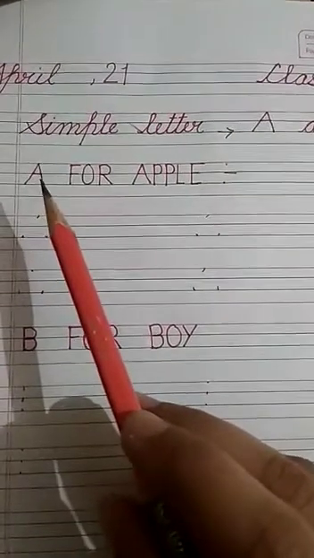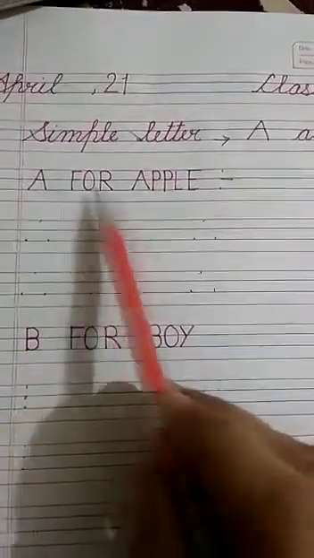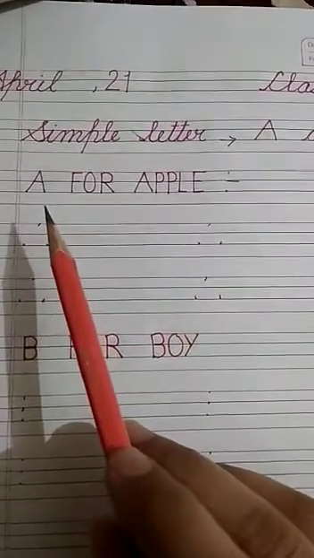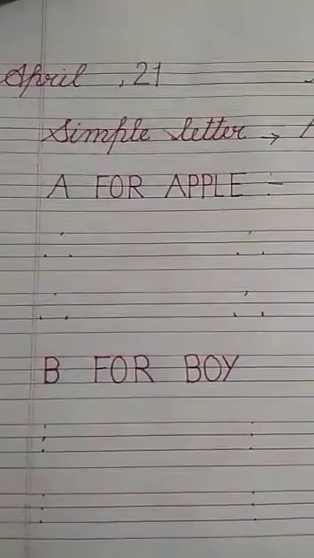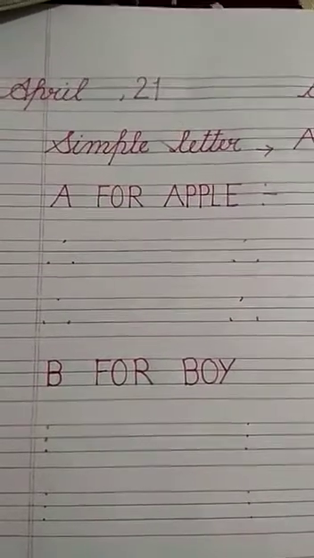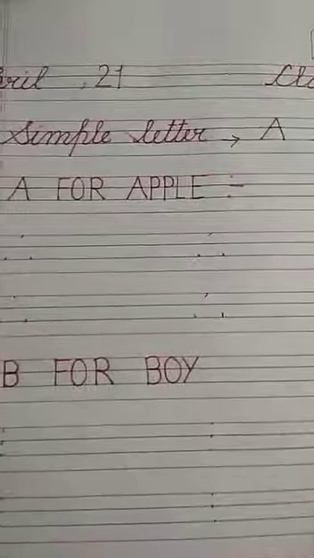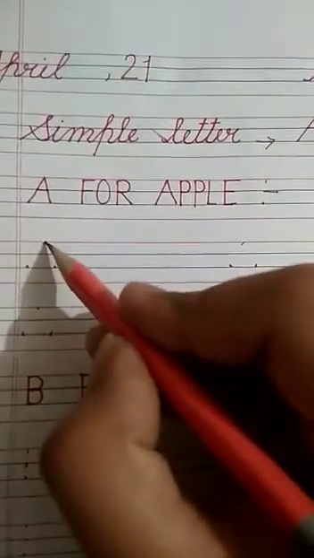Firstly, speak. You have to speak A for apple. A for apple. Speak again and again. Now, I'm going to tell you how to write simple A. Look at the formation.